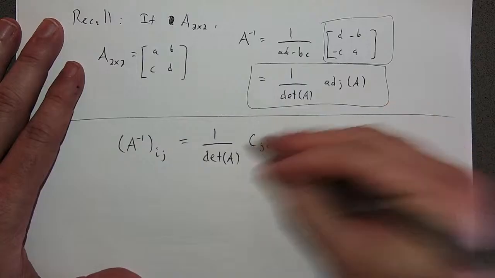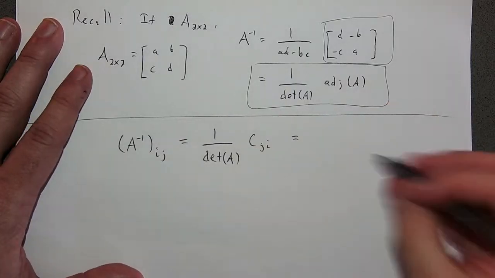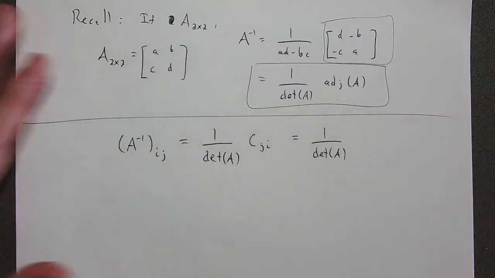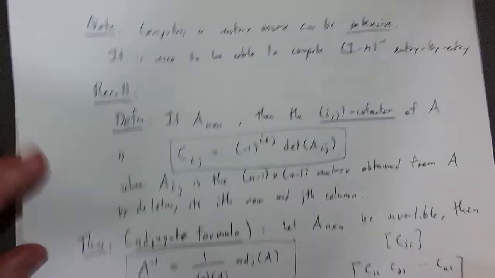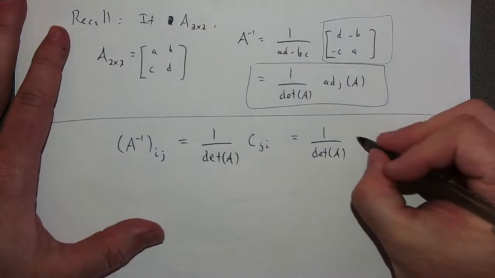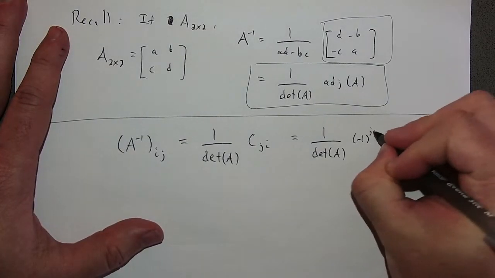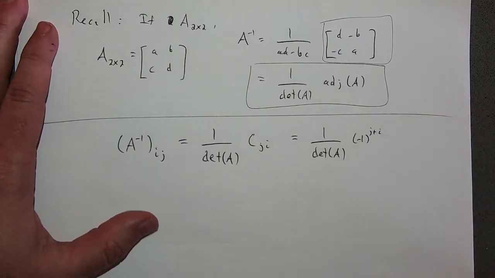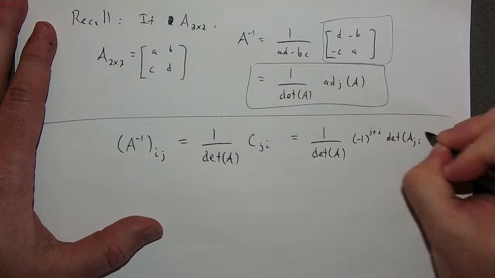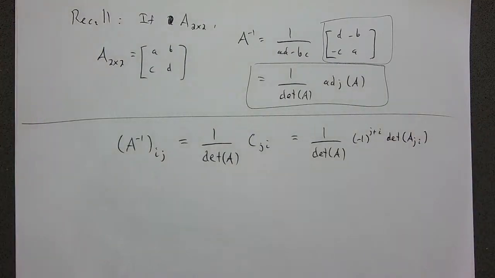Now, writing out what this is, of course, this is 1 over the determinant of A. But remember, cofactor is exactly this thing. So this is C sub ji, so this would be minus 1 to the j plus i, that doesn't matter that much, times the determinant of A sub ji, which again is just the matrix I obtained from A by deleting the jth row and ith column.